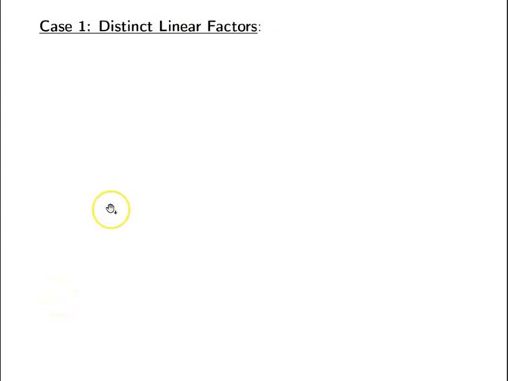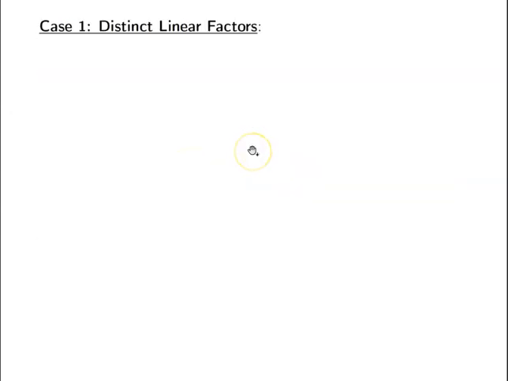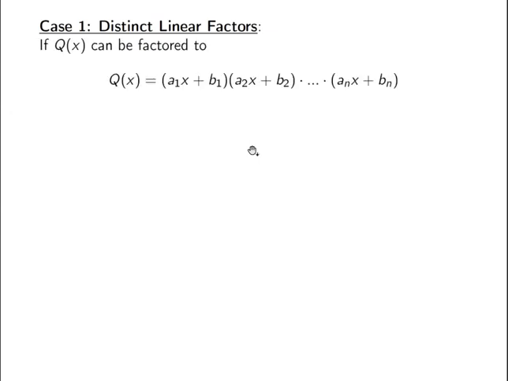So case one, distinct linear factors. If we factor q and all of the factors are distinct and none of them are higher than degree one, a line, meaning that I can factor to look something like this: a1 times x plus b1, a2 times x plus b2. And again, this could be negative, so that's where the subtractions would come in here.